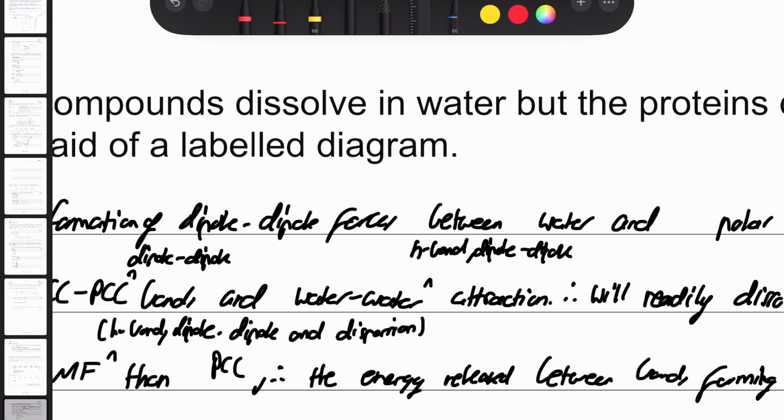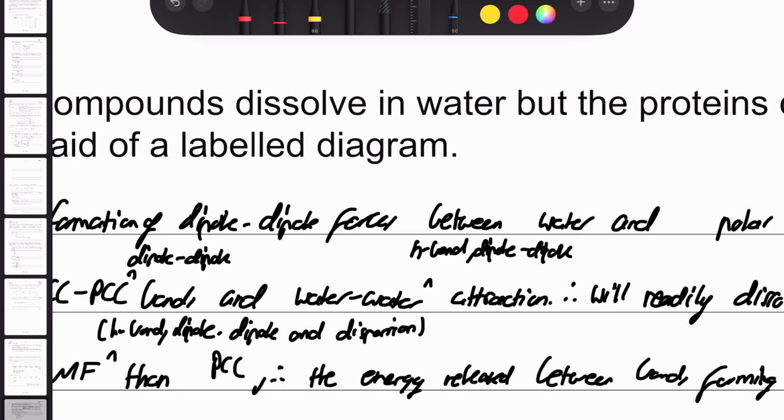Now I'm not sure if polar carbon compounds are all possible to create hydrogen bonds, because they definitely are capable of dipole-dipole, but I would assume that not all of them are always capable of forming hydrogen bonds.